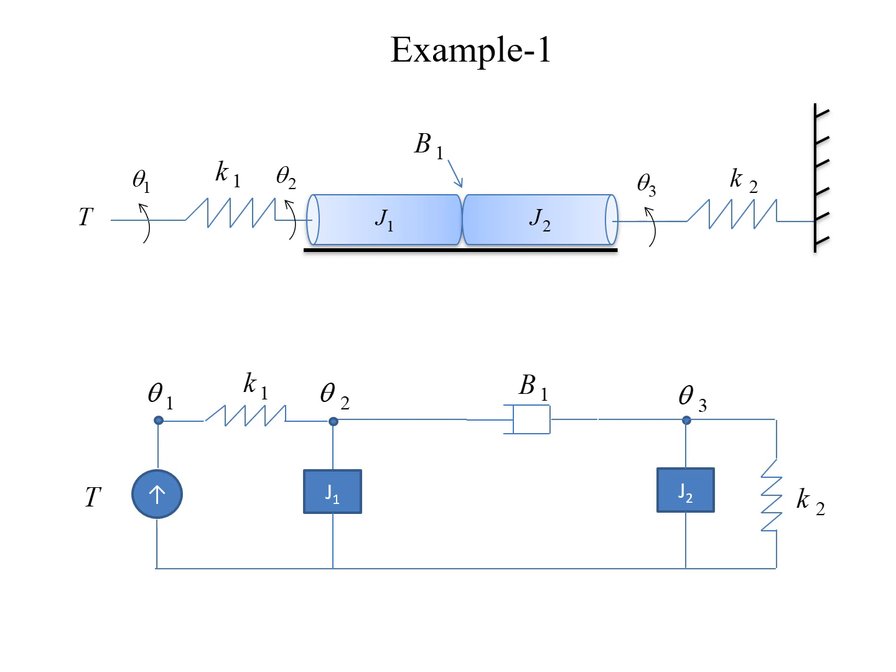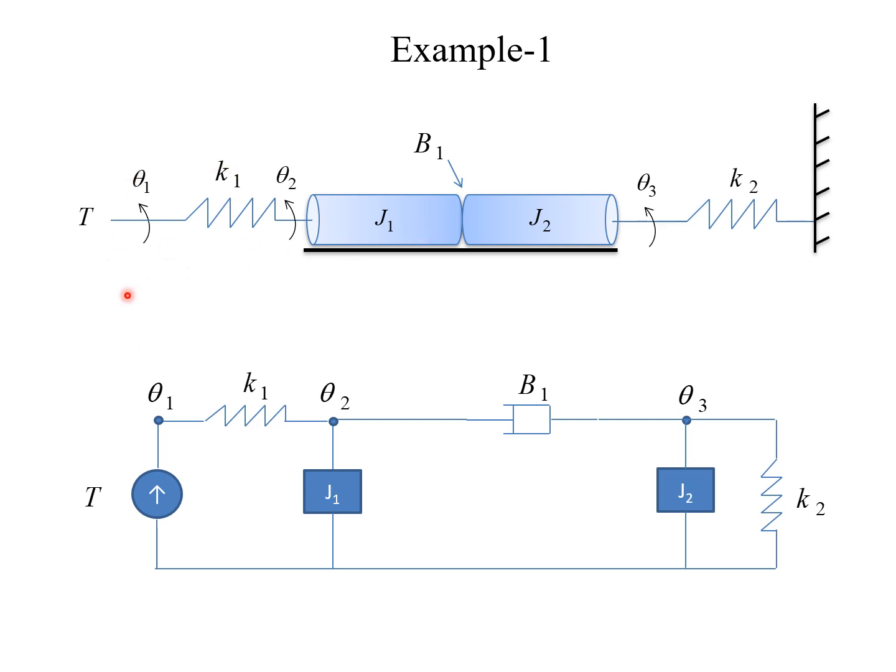Now let's take an example and see how a rotational mechanical system could be built with these three basic elements. The two inertia elements J1 and J2 are connected to a fixed wall through a spring with spring constant K2, and the J1 inertia element is connected to another spring with spring coefficient K1.